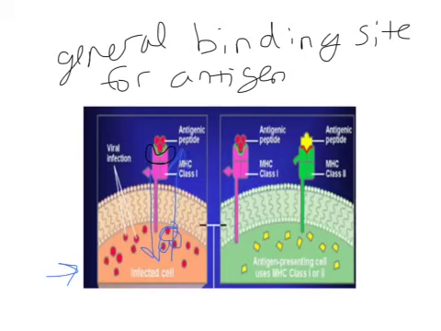Same with the antigen-presenting cells. Remember, they have both kinds. They have class 1 because all the cells in your body have class 1, and they have class 2 because they need it to talk to the other immune cells. They're doing the same thing, though. They've taken portions of these antigens and pushed them up through the cell membrane to show them off so that hopefully the other cells will see them and say, hey, this doesn't belong, let's take care of this.